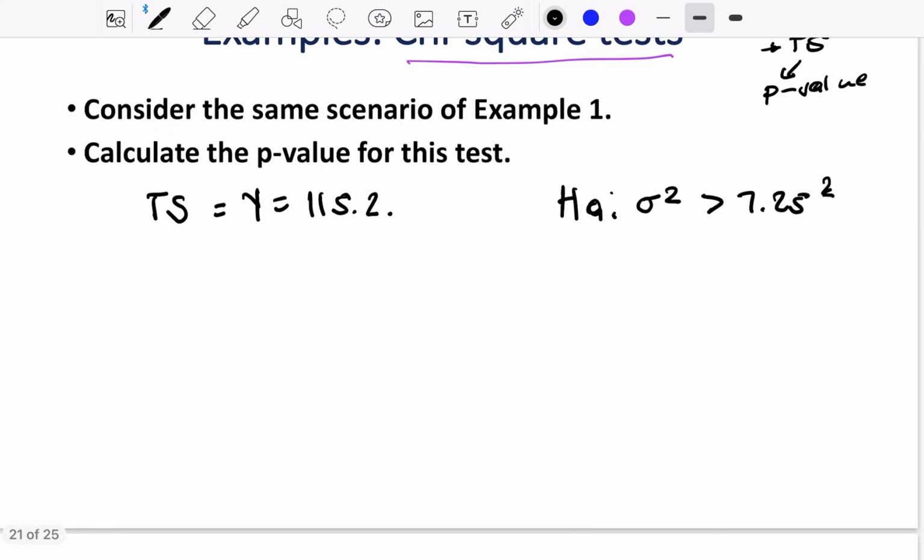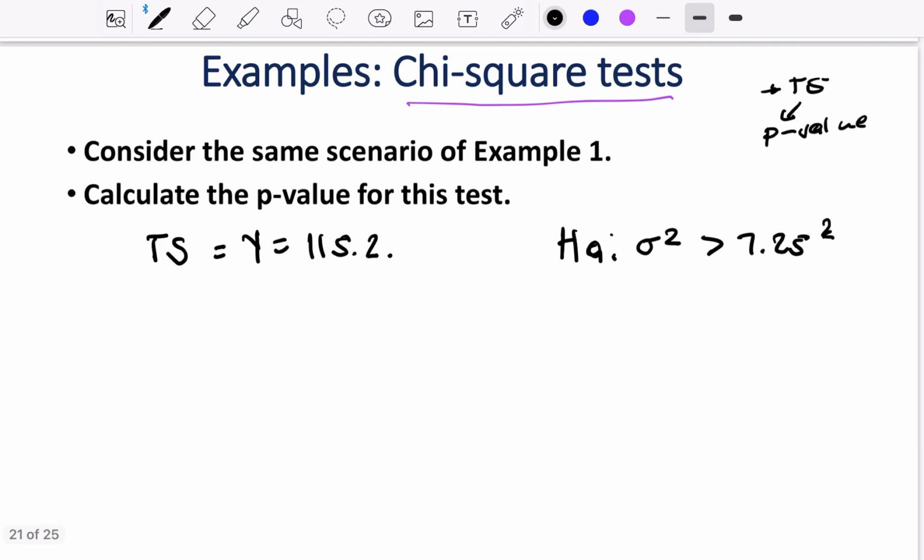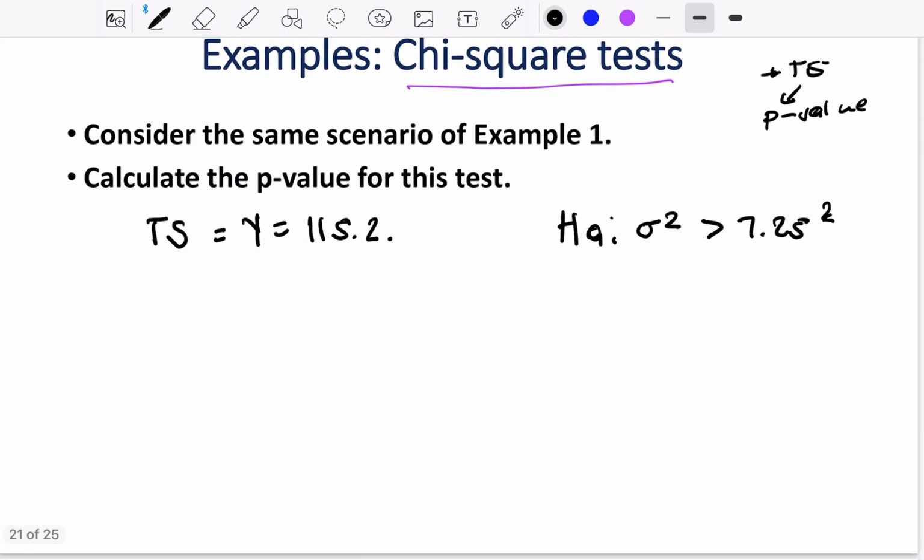So for an upper tail test, the p-value will be the probability that the distribution of your test statistic is greater than the test statistic value there. So in this case, it will be the probability that y is greater than 115.2. Okay, so the p-value is to the right.